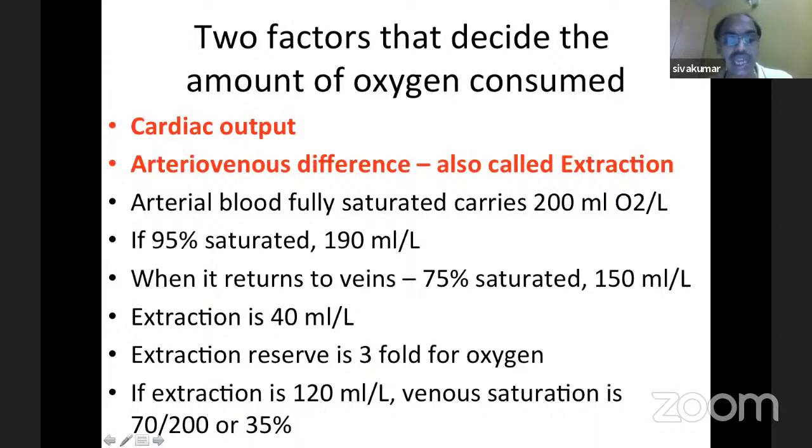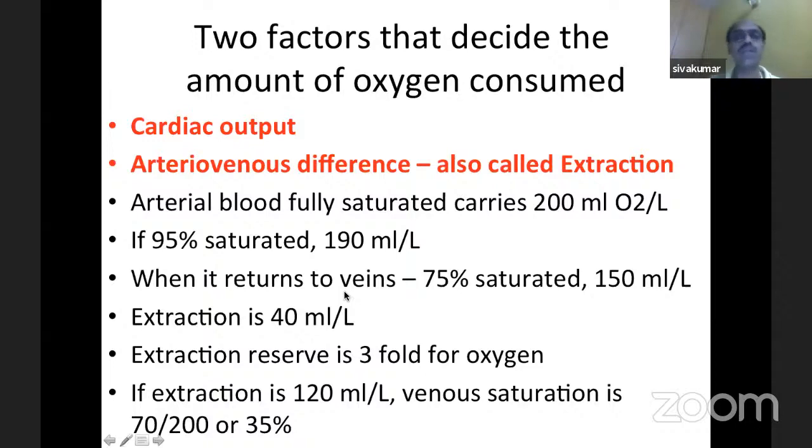Venous saturation cannot go lower than 35% because by then our extraction reserve is exhausted, and thereafter there will be severe acidosis and the patient will not be alive. So the lowest permissible venous oxygen saturation is around 35%, and less than that is not permissible with human life. So the extraction reserve is 3-fold.